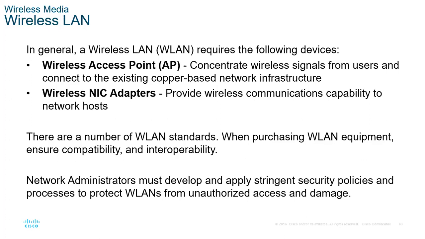There are a number of WLAN standards. When purchasing WLAN equipment, ensure compatibility and interoperability. The network administrator must develop and apply stringent security policies and processes to protect the WLAN from unauthorized access and damage.